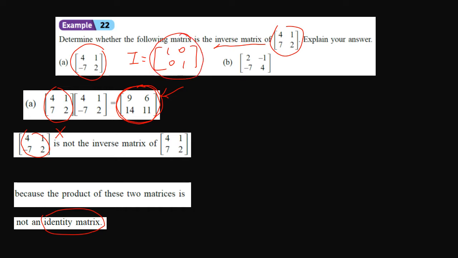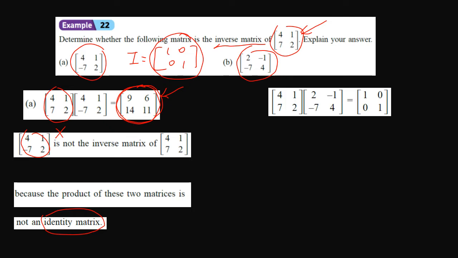So we try B. Is B the inverse matrix of 4, 1, 7, 2? We just multiply it, and yes, you get the identity matrix.